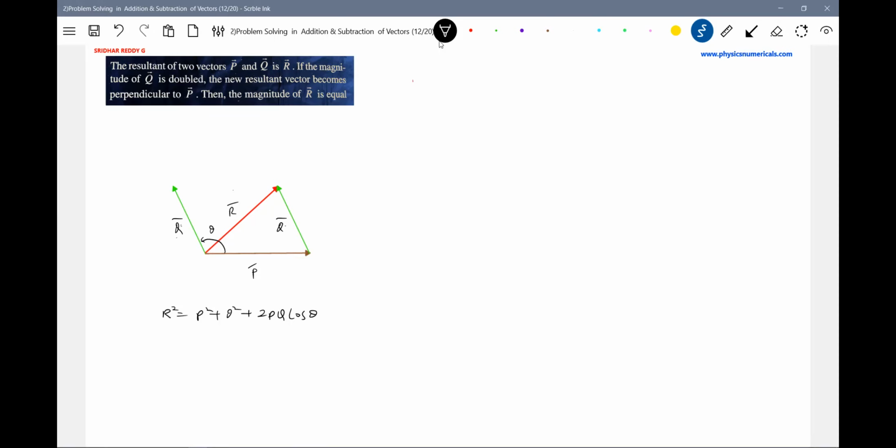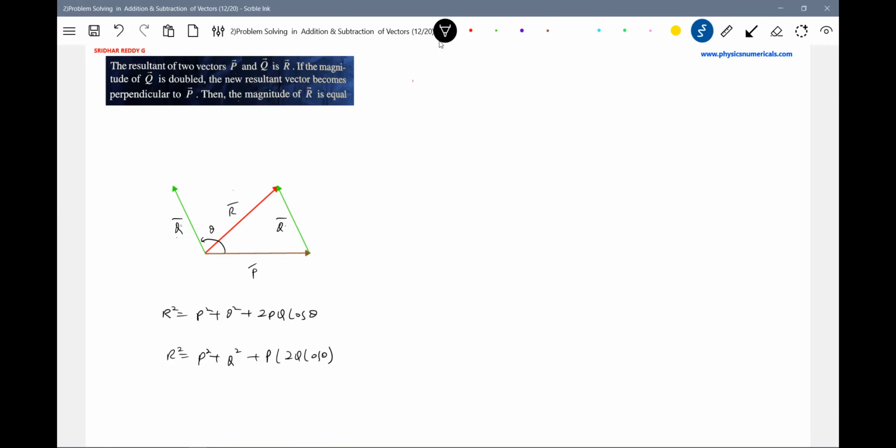This much of information is what we have. The magnitude of R is equal to, we have to get that magnitude.